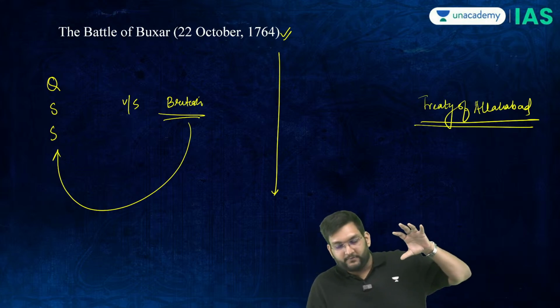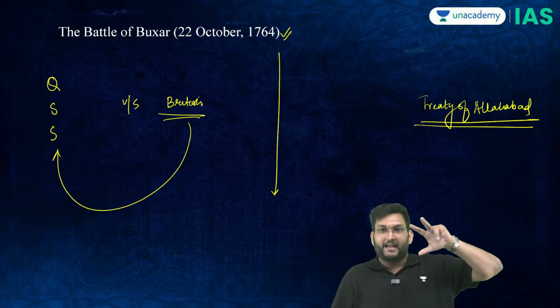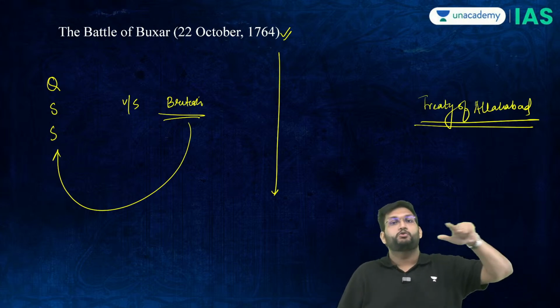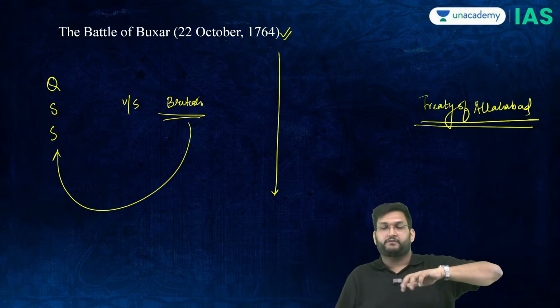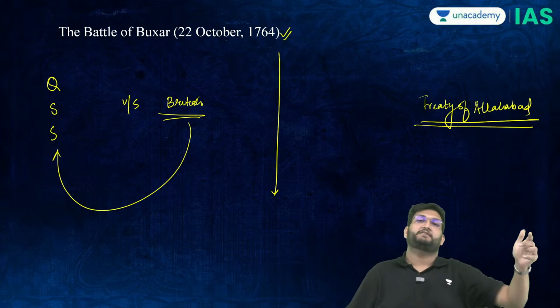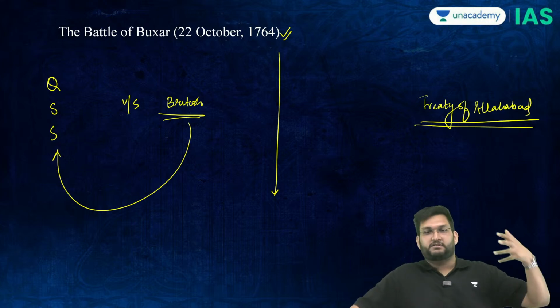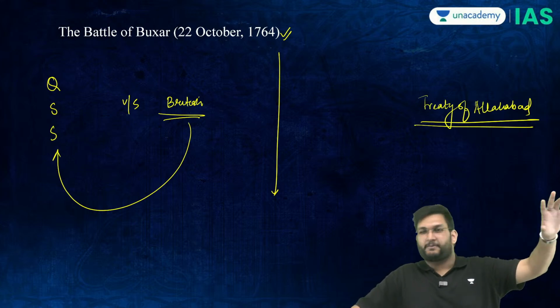The Mughal emperor himself has become subservient to the English. And at the same point of time, the Diwani, revenue collecting rights from Bengal, Bihar and Orissa will be there. And this will change the nature of trade, something which we'll discuss separately.